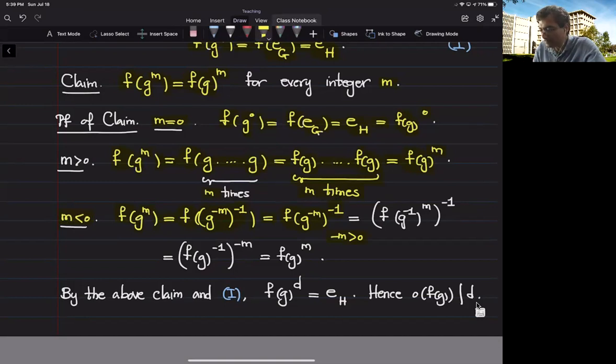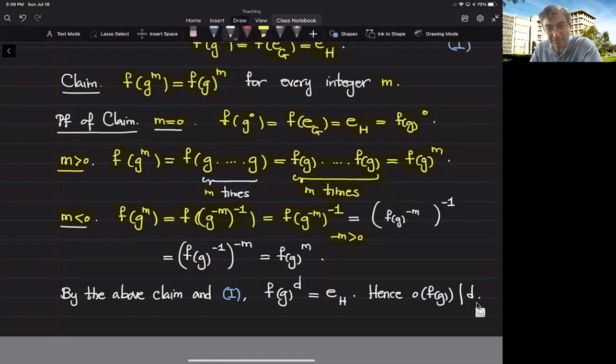Therefore, I know that f of g raised to power negative m, because negative m is a positive number, I can put this negative m outside. It should have been written like this. Then it is by the previous case, the case that we did for positive integers. Now I can write this as f of g raised to power negative m.